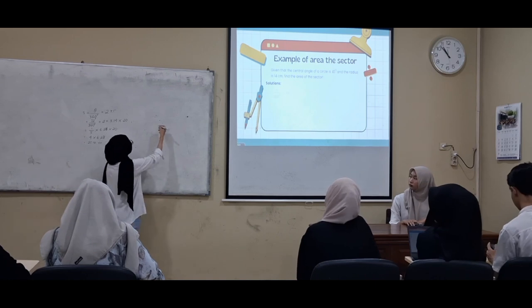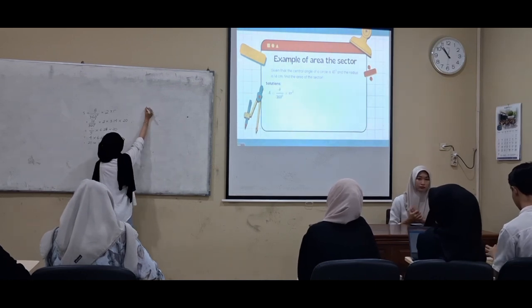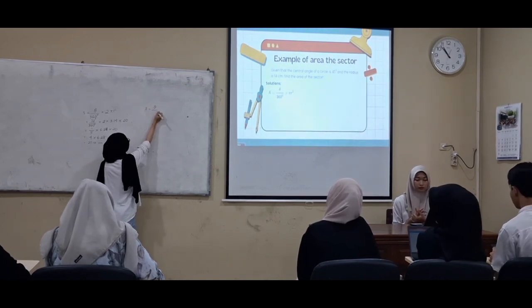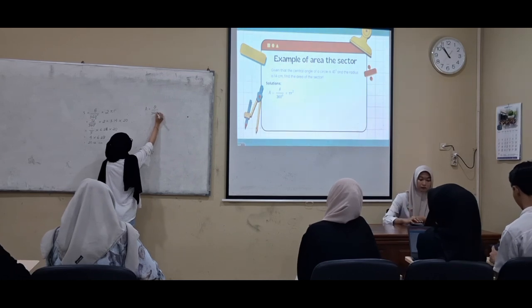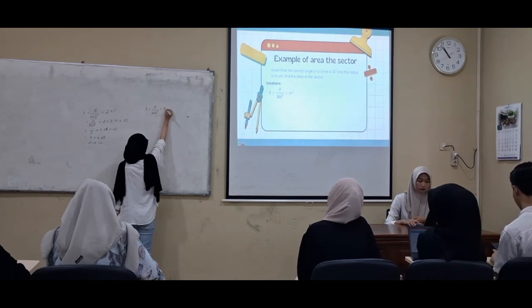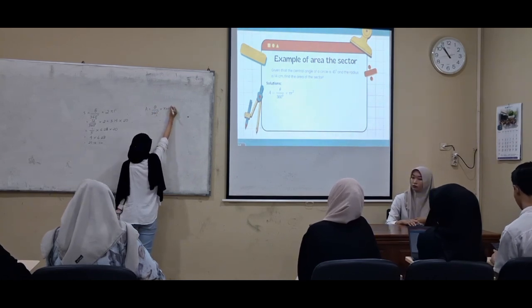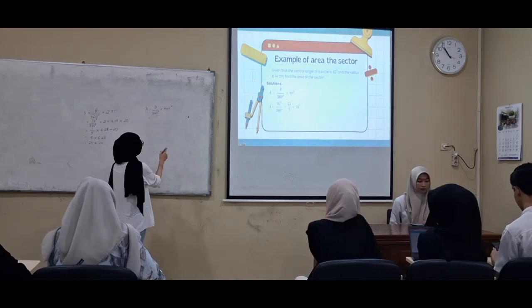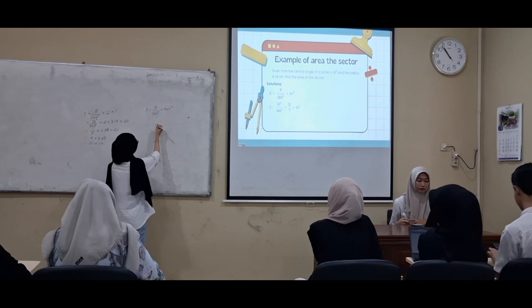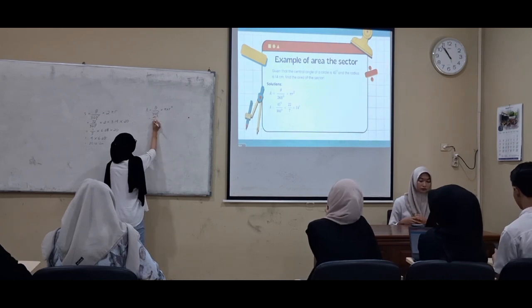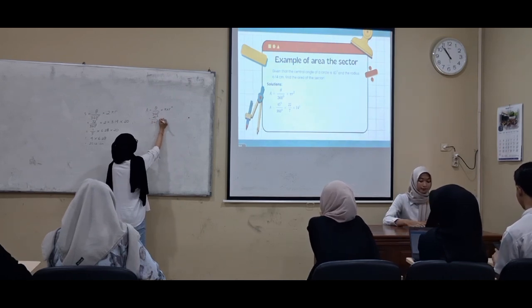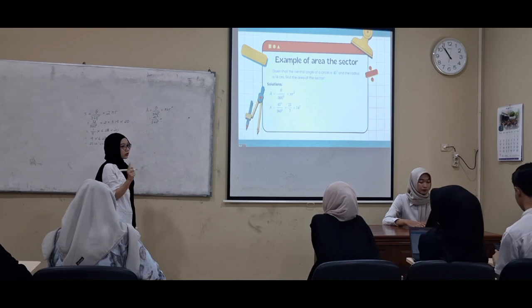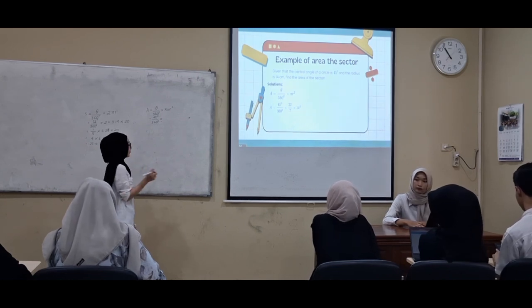Step 1, you write the formula. A is theta over 360 degrees times pi times r squared. And then, from this problem, theta is 45. Yes. Pi in here, use 3.14 or 22 over 7? 22 over 7.